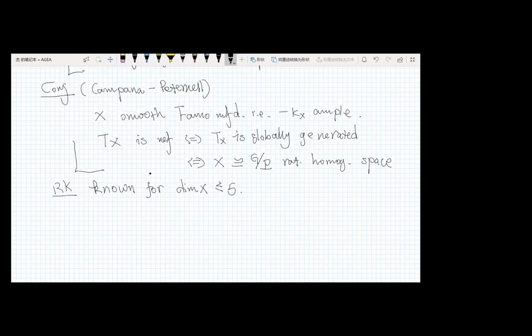In my case, I will consider a notion of positivity of vector bundles between nefness and ampleness. That means it's weaker than ampleness, but stronger than nefness, which is called strictly nef. Let me start with the definition.